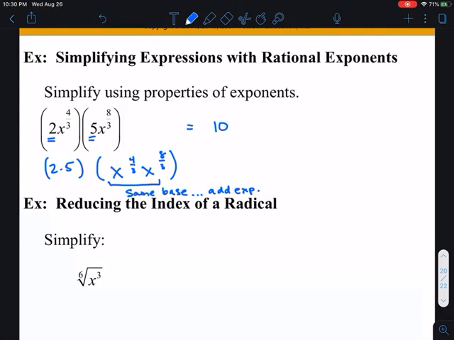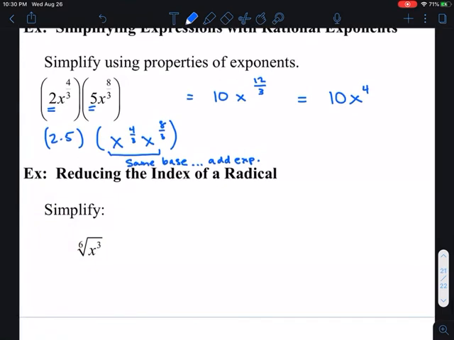So if I have 4/3 and 8/3, I'm going to end up with 12/3. So I have x to the 12/3. Well, 12/3 is not a simplified answer. So if we simplify that down, we end up with 10 times x to the 12 divided by 3 would give us a 4th power. Really ugly looking problem, not so bad looking answer.